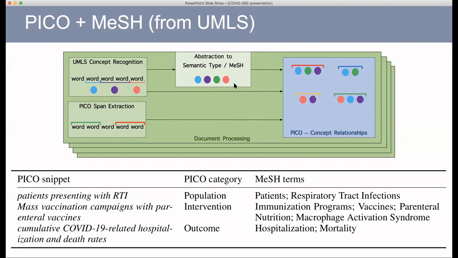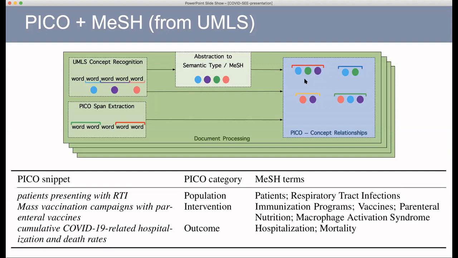So we used the medical subject headings as essentially a subset of the UMLS that we were focusing on, just to not have an overwhelming number of concepts for this particular purpose. And then we looked at essentially concepts that were inside of the particular PICO spans. So what we're trying to do here is associate the UMLS concepts with particular dimensions of the clinical evidence.